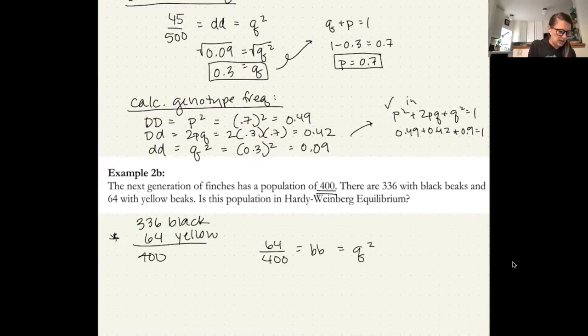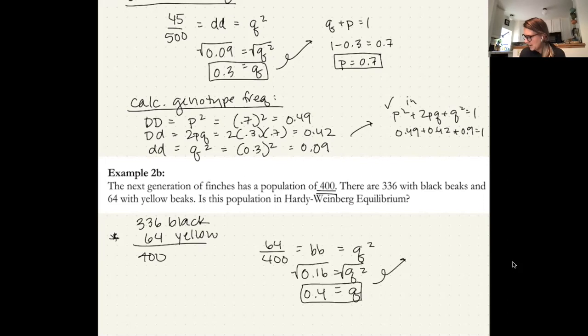And so we can figure out that math, and that will give us 0.16 is Q squared. If we do the square root of that, we have Q is equal to 0.4. And P is going to be equal to 1 minus 0.4. So P is going to be equal to 0.6.